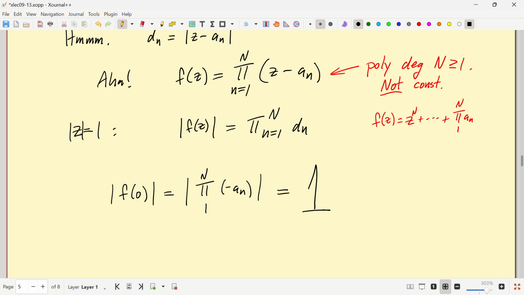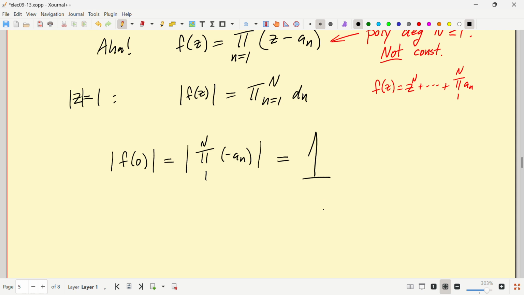Uh-oh. The thing is not a constant, so that's not the max. The max has to be bigger than that. So since f is not constant, one is not the maximum modulus.